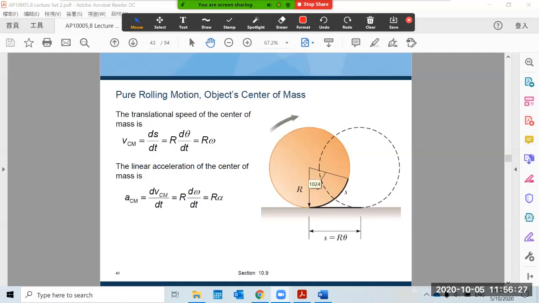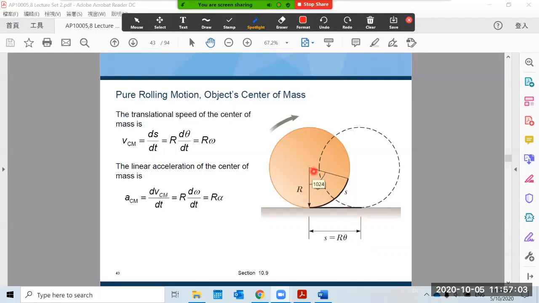Linearly, there would be a translation as well. This translation in the horizontal sense is related to the angular displacement by the equation we have seen, s equals r times theta.